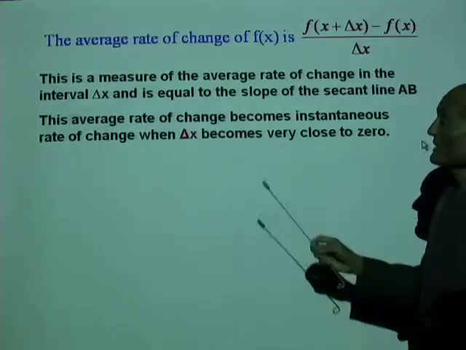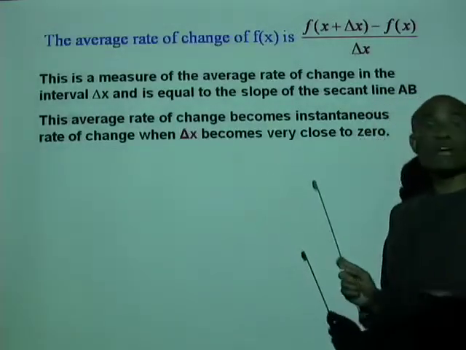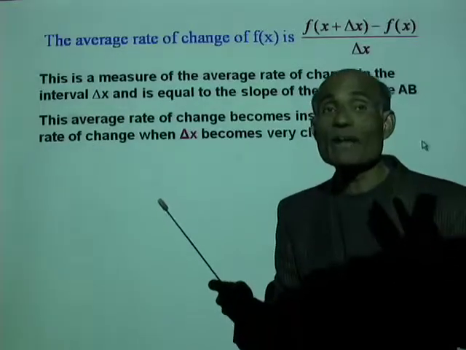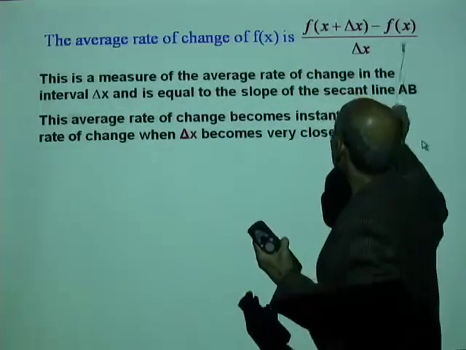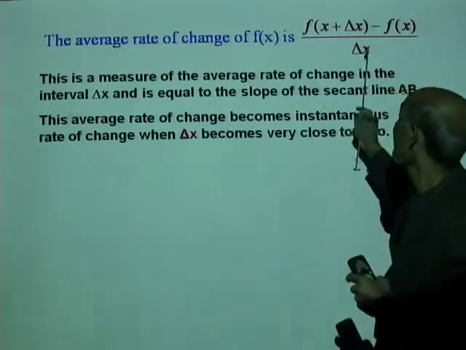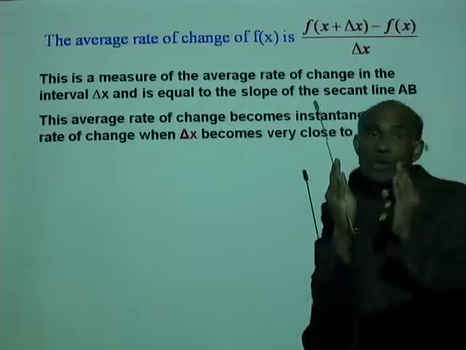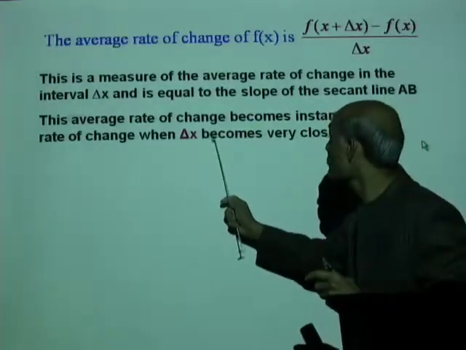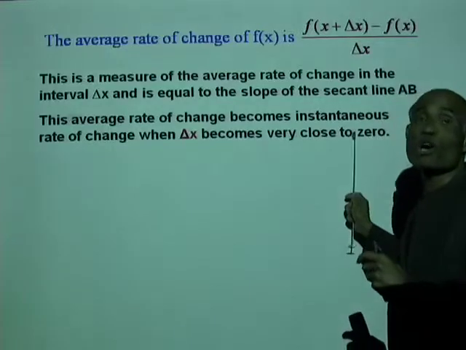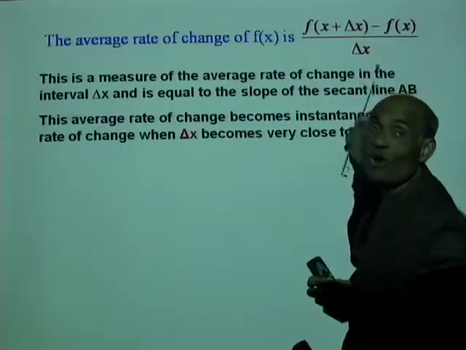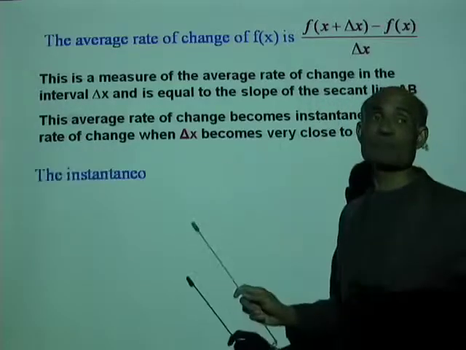We talked about it. And this average rate of change becomes instantaneous rate of change when? When does this average rate of change become the instantaneous rate of change? When we make that interval very small, close to zero, when delta x becomes very, very close to zero. In other words, the limiting value of this ratio.